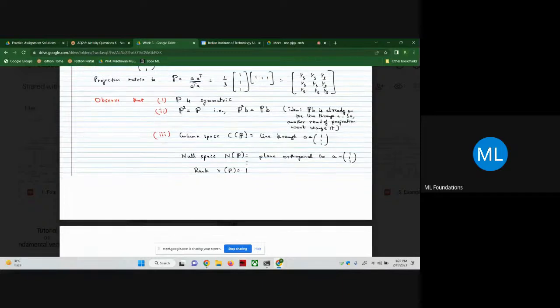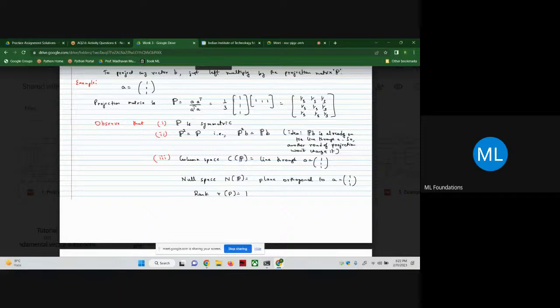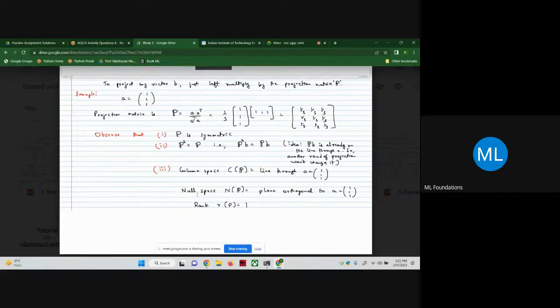All right, so the column space of this projection matrix is nothing but this particular vector, the line through 1 1 1, the vector for which we are building this projection matrix, and the null space is perpendicular to this 1 1 1. The null space will be the plane orthogonal to this.